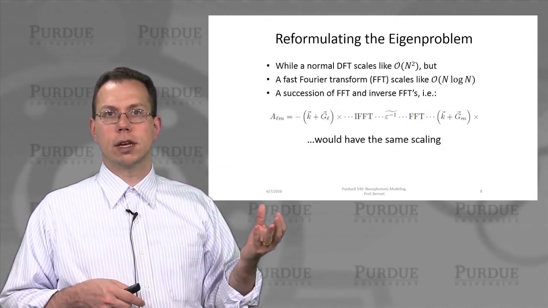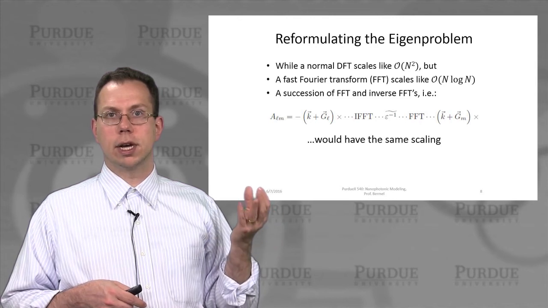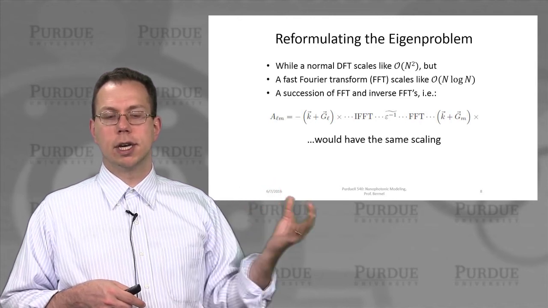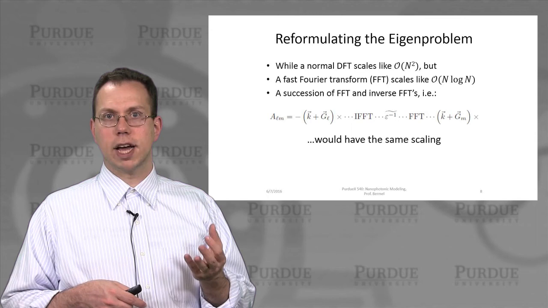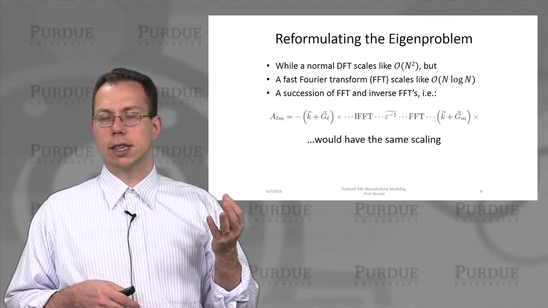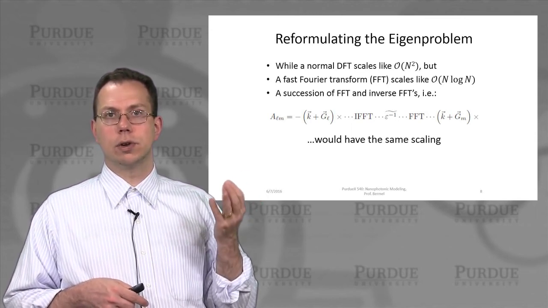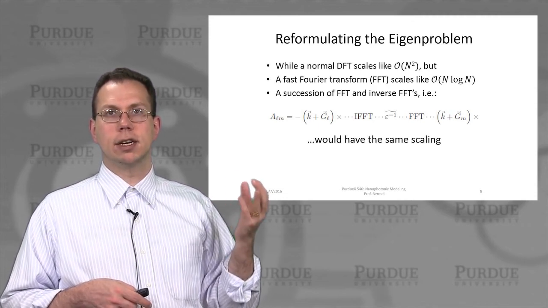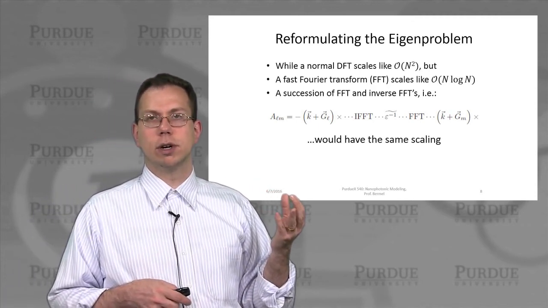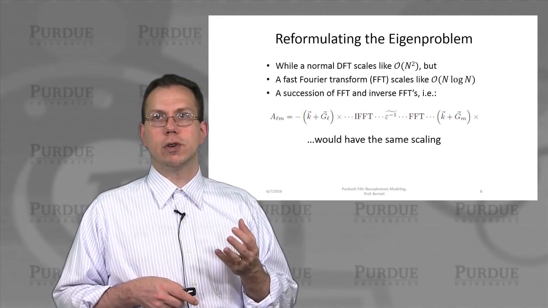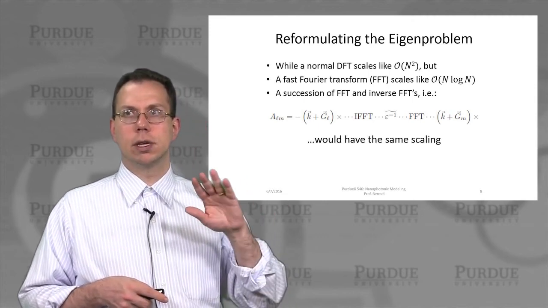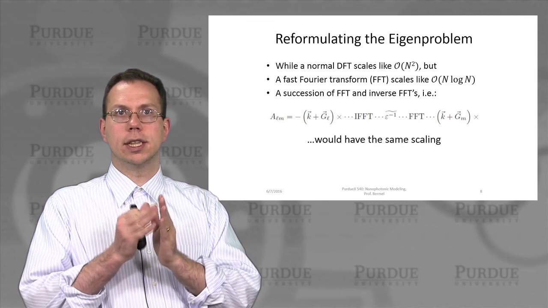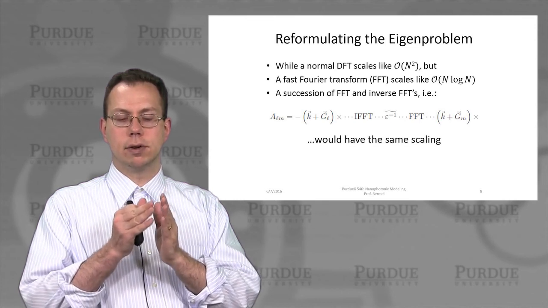Although if we used a normal DFT, that would go like time of order N squared. If we use fast Fourier transforms, then it goes like N log N, which is very close to order N. So that means that we can use Fourier transforms and inverse fast Fourier transforms to very quickly do calculations in the natural domains where they should happen.